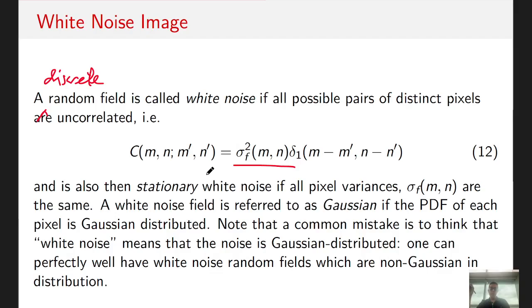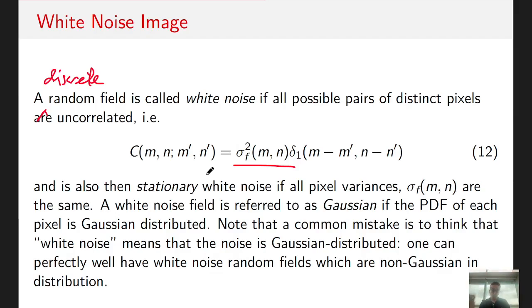A Gaussian white noise image is a very specific type of image in which the pixel intensities are completely uncorrelated with each other, but also the distribution of intensities across the image obeys a Gaussian distribution.